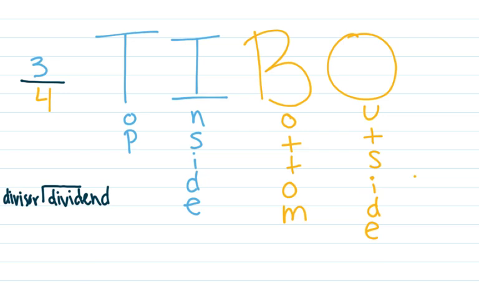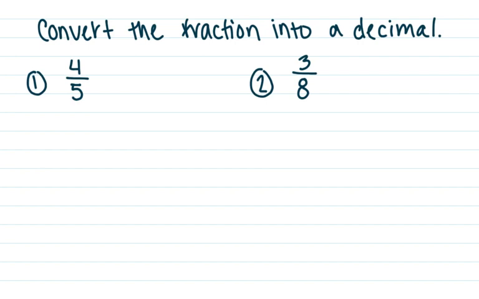When we set up our division house, TIBO reminds us where each number goes. The top number, the 3, is going to go inside, and the bottom number, our denominator, the 4, is going to go outside. So it helps me remember what number goes where, so I can divide and get the decimal I am looking for. Let's jump in and use TIBO to do a couple of examples.